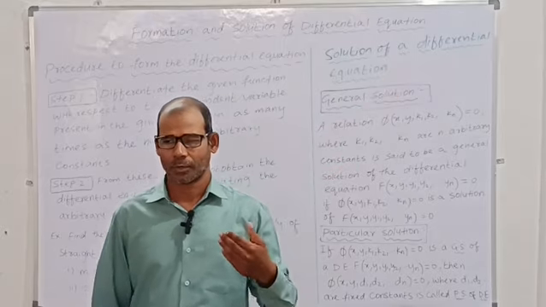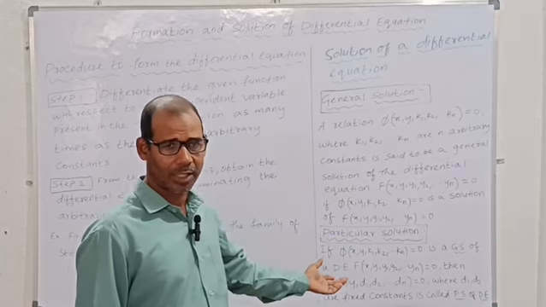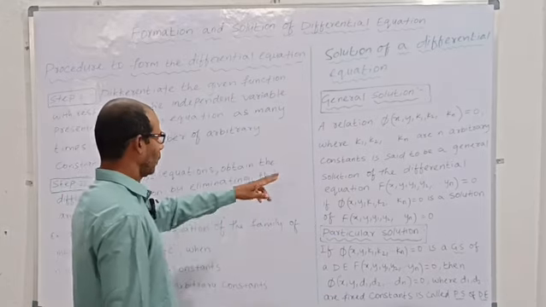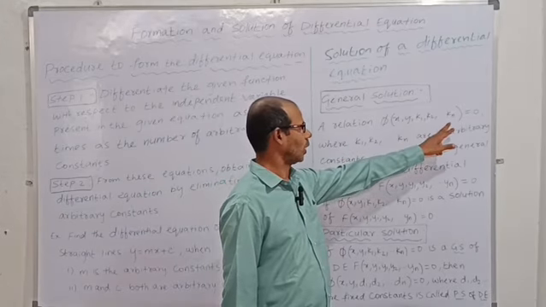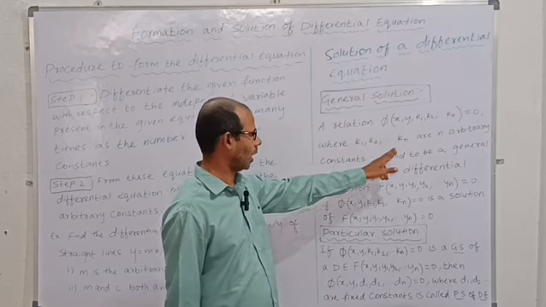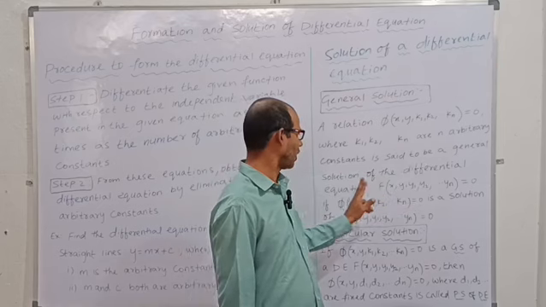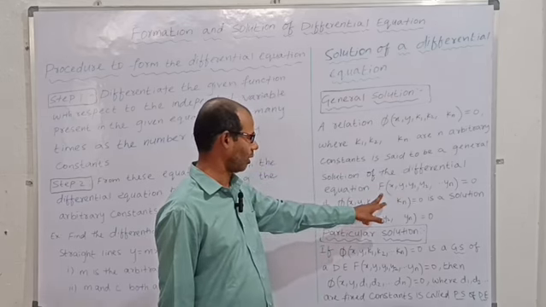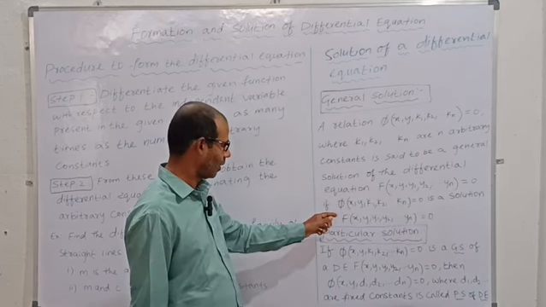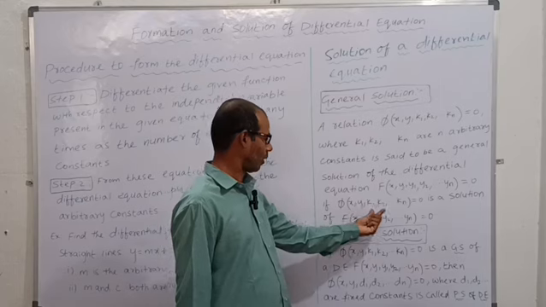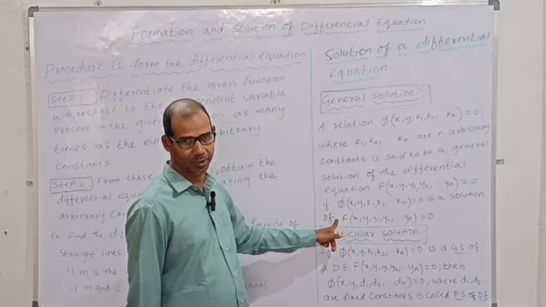There are two types of solutions for a differential equation. The first one is the general solution and the second one is the particular solution. So what is the general solution? A relation phi of x, y, k1, k2, so on kn equals 0, where k1, k2, so on kn are n arbitrary constants, is said to be a general solution of the differential equation f of x, y1, y2, so on yn equals 0, if phi of x, y, k1, k2, so on kn equals 0 is the solution of the function.